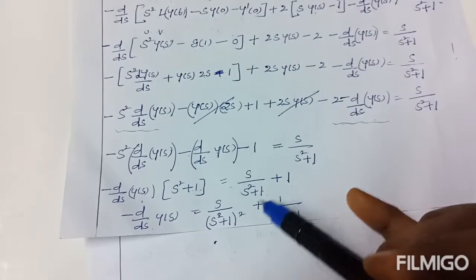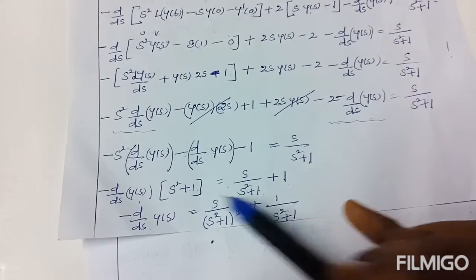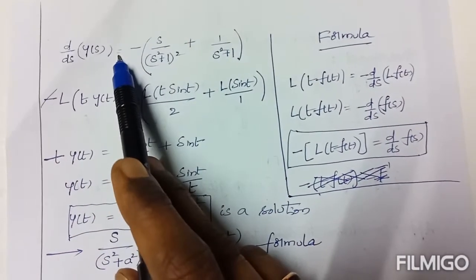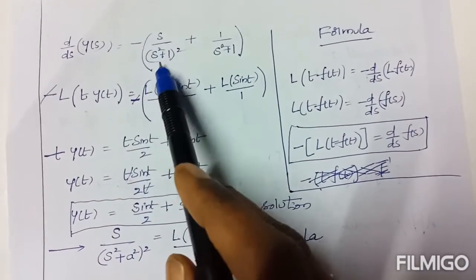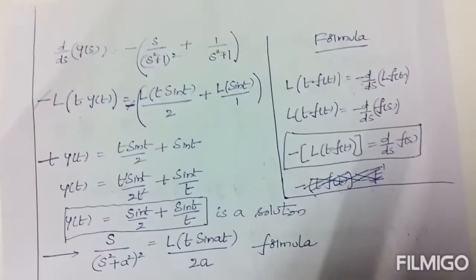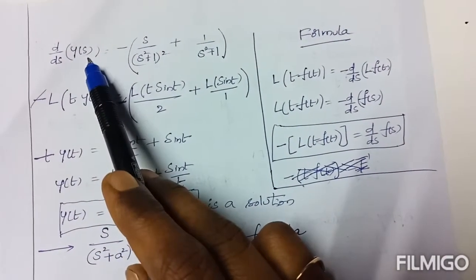Write it on the right hand side, s by s square plus 1 whole square plus 1 by s square plus 1. Here d by ds of y of s equals minus s by s square plus 1 whole square plus 1 by s square plus 1.